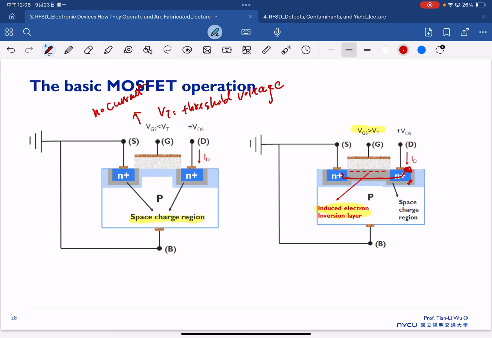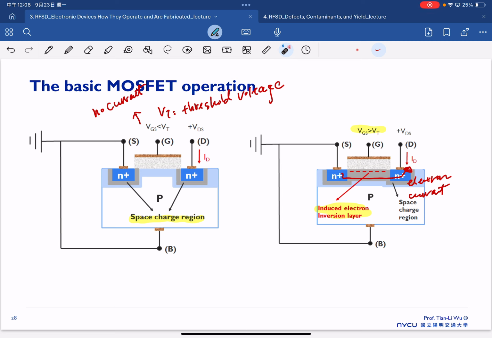That's an electron current. And of course, the direction of the current is opposite to the electron current, so the drain current is drawn as injecting inside, but actually the electron current is flowing outside.